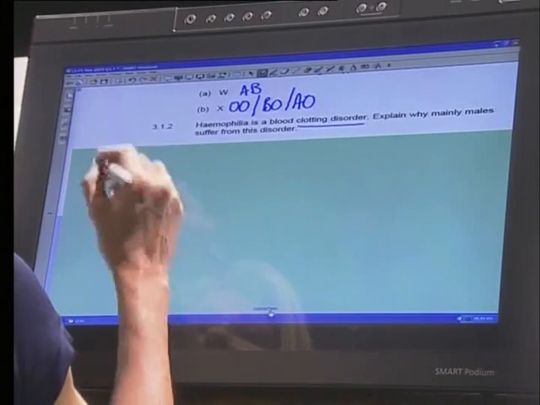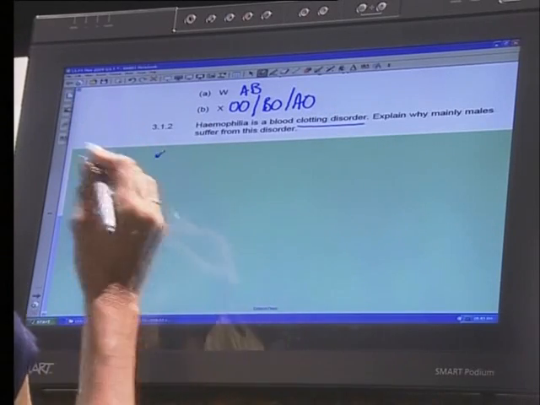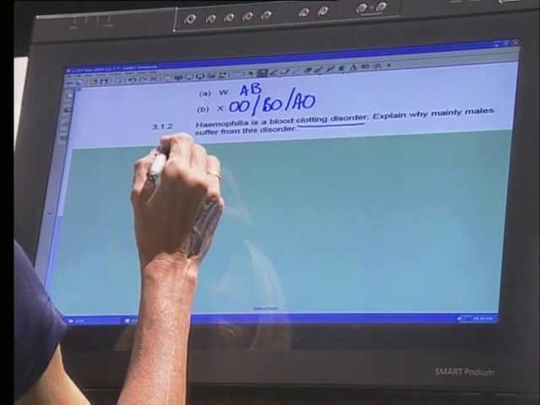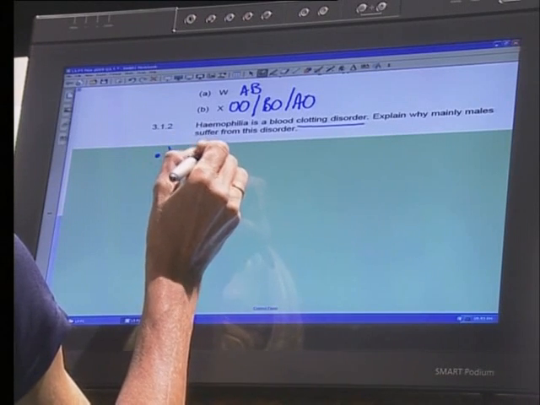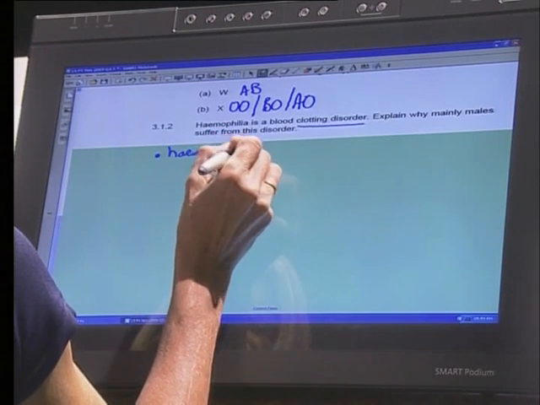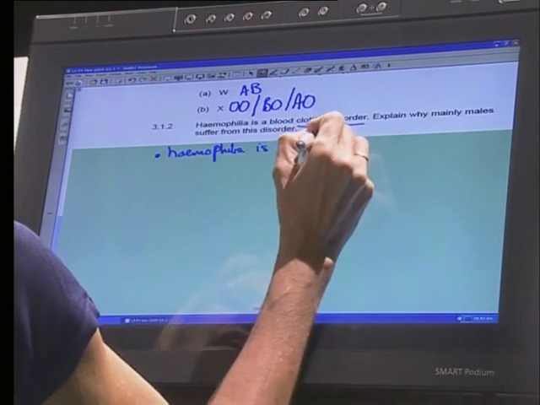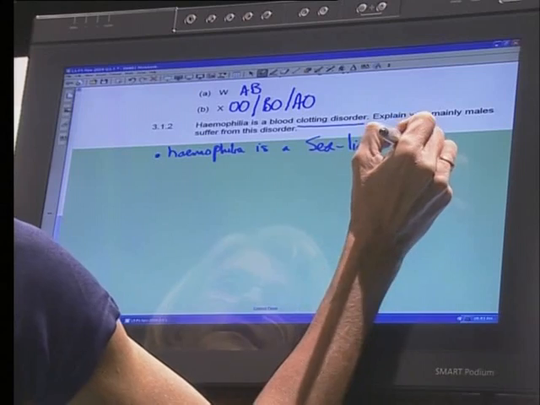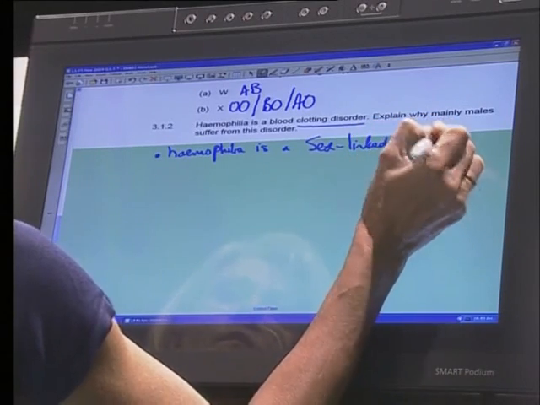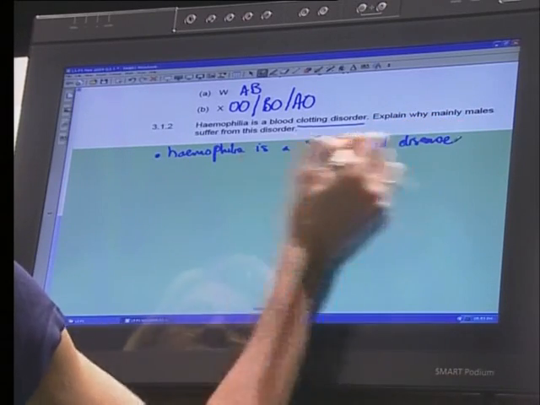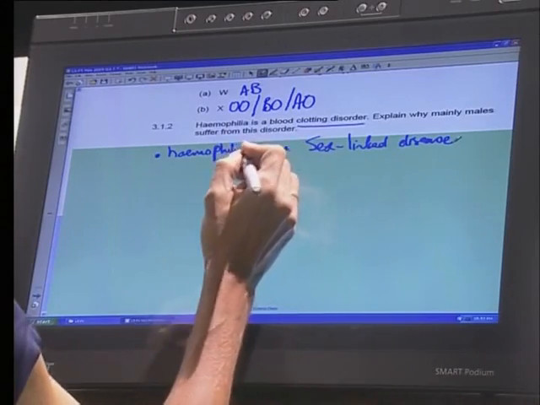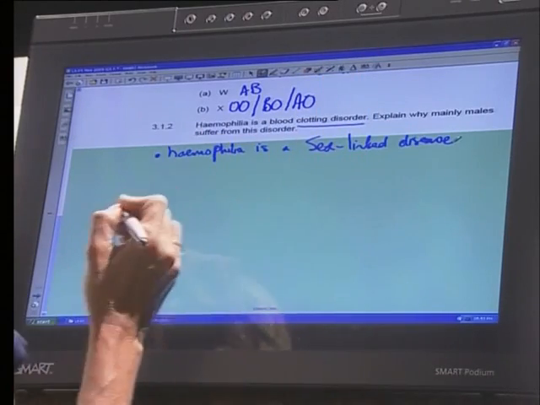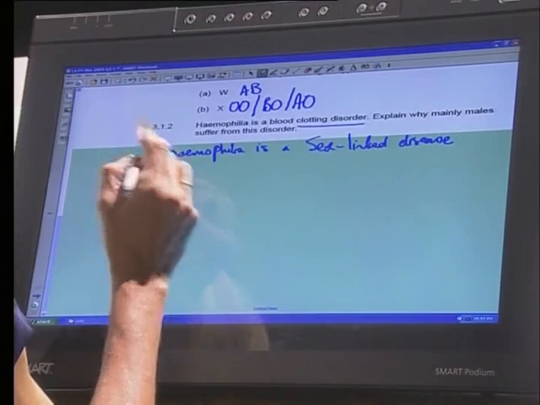So what you would write here is, the first point you would make is that hemophilia is a sex-linked disease. By sex-linked, it's linked to the sex chromosomes or the gonosomes. So hemophilia is a sex-linked disease, number one.